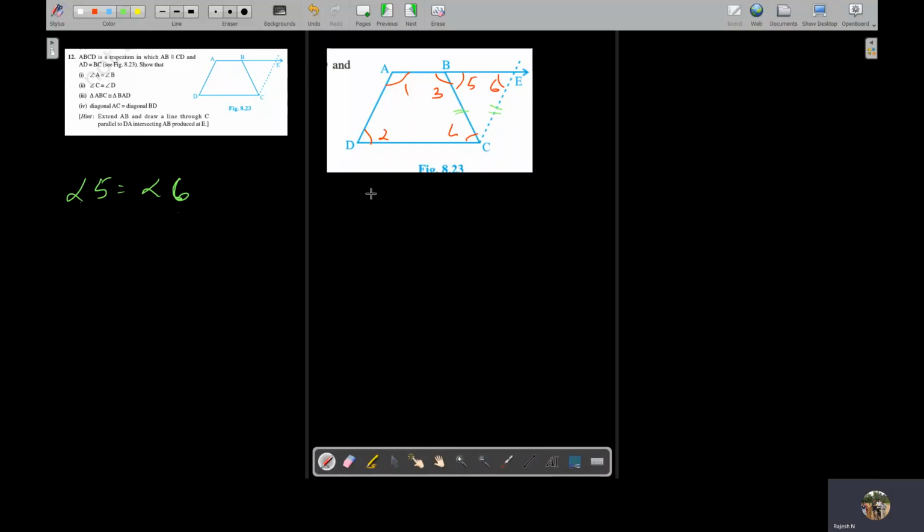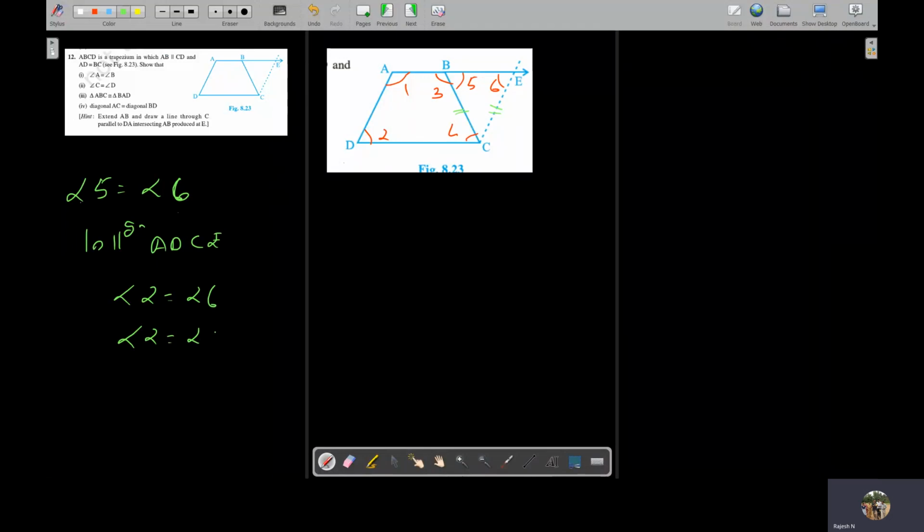Okay. Now ADCE is a parallelogram. In parallelogram ADCE, you know angle 2 is equal to angle 6. But 6 is equal to 5.